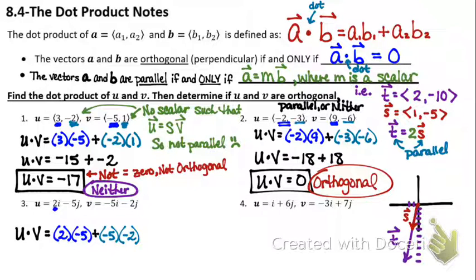We're multiplying the i parts together and the j parts together. So 2 times -5? -10 plus -2 times -5. Positive 10. So my dot product would be 0. What does that mean about these two vectors? They are orthogonal.